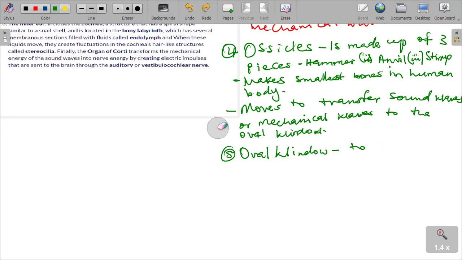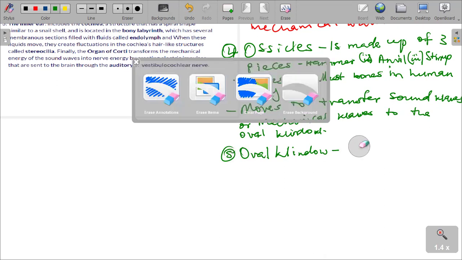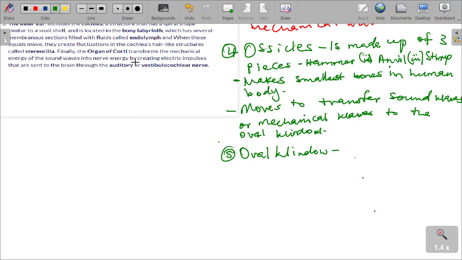It helps to transmit the vibrations of the ossicles to the inner ear.